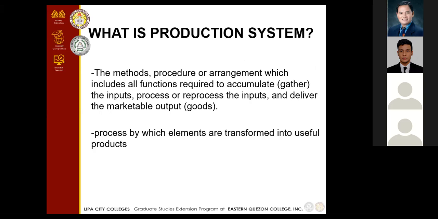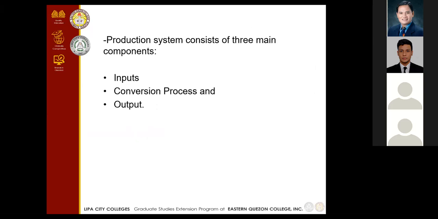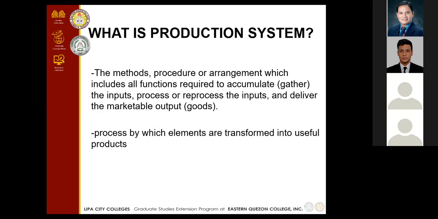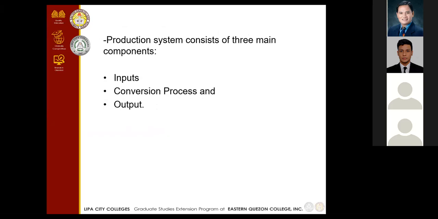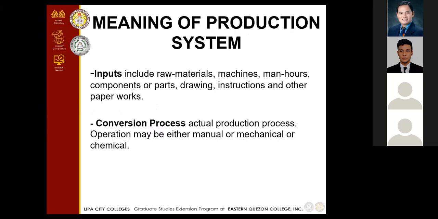According to the ebook na provide ni Sir, production system is the methods, procedure, or arrangement which include all functions required to accumulate the inputs, process or reprocess the inputs, and deliver the marketable outputs. So it is also a process by which elements are transformed into useful products. So sa production system, kinukonsist siya ng three main components: yung inputs, conversion process, and outputs.